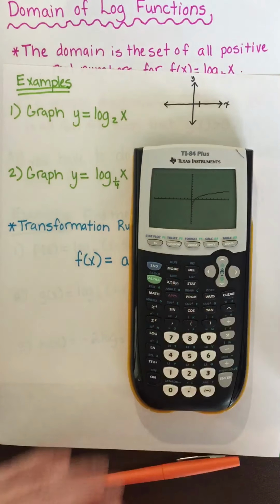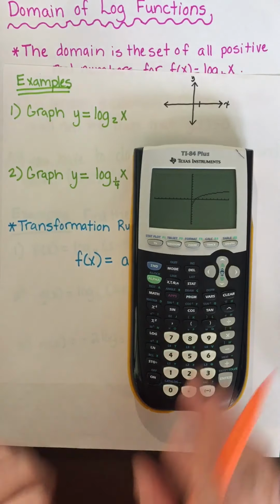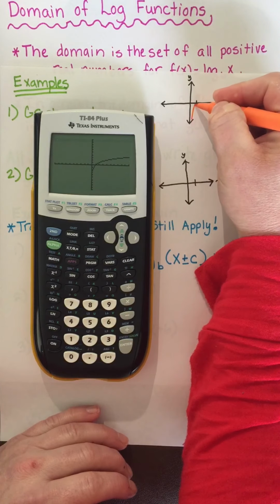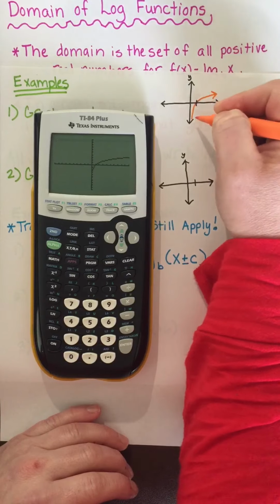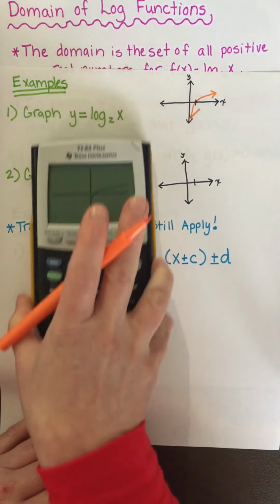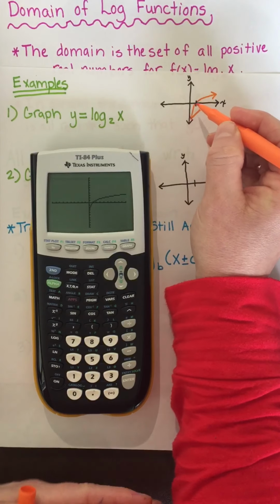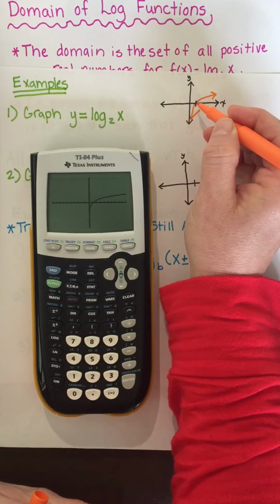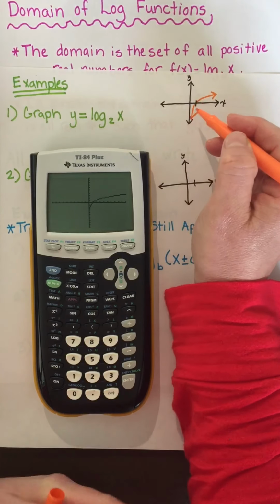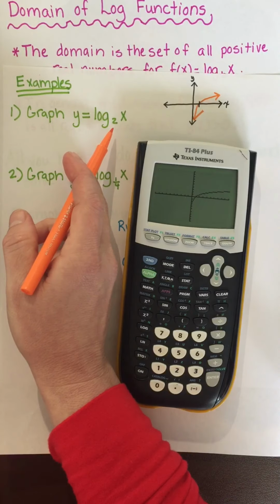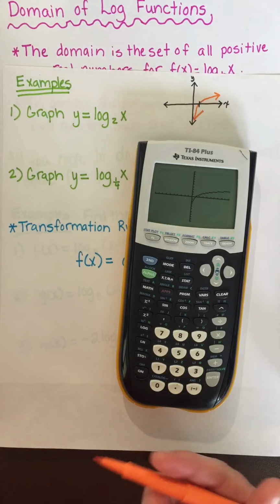And if we look, it's increasing, right? So I'm just going to sketch that. Two would go up to 1. Again, it has an x-intercept of 1. No y-intercept because the y-axis is an asymptote.